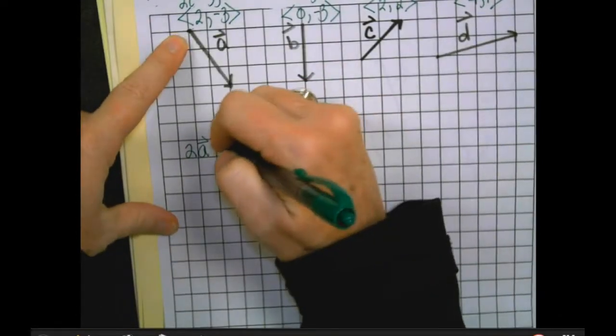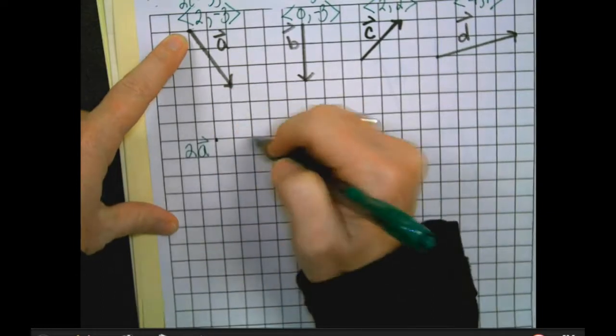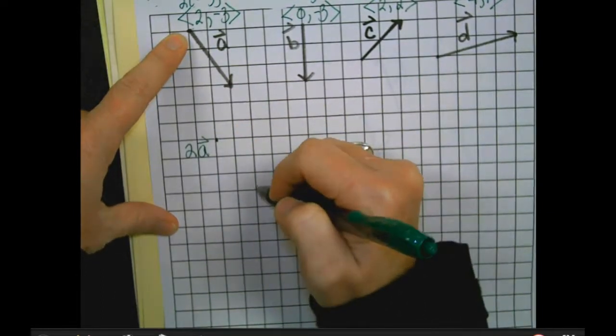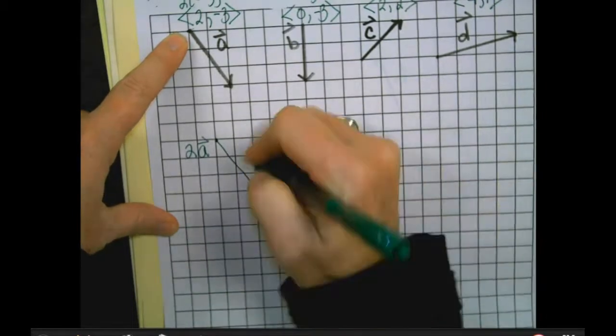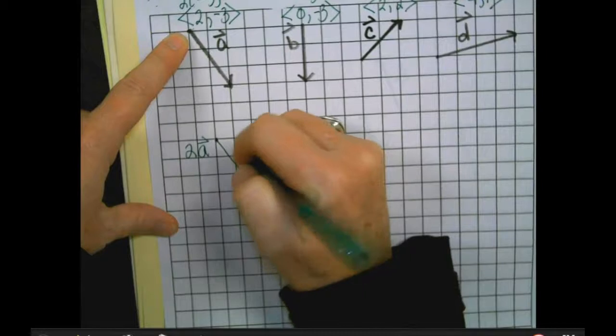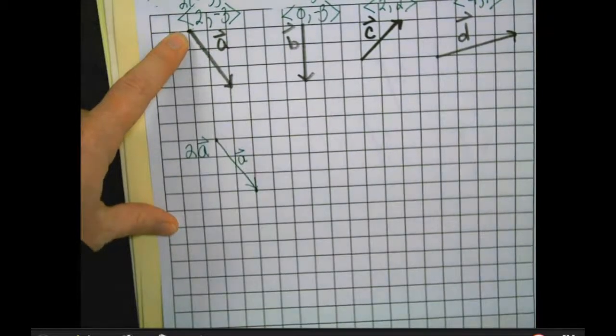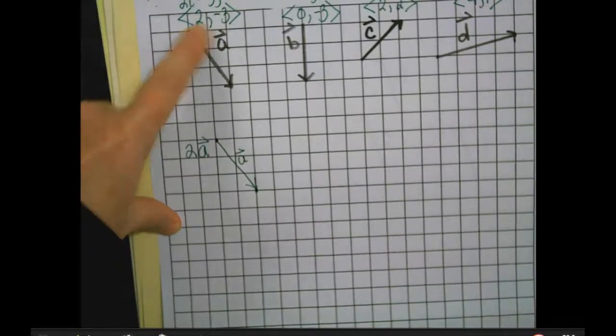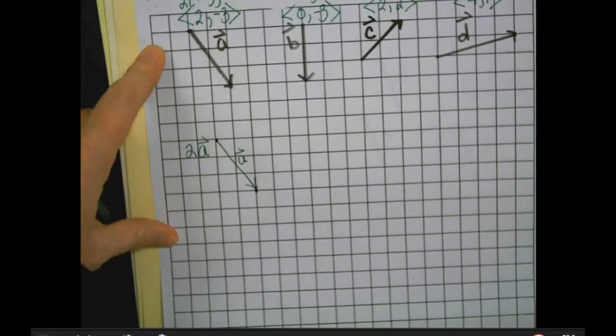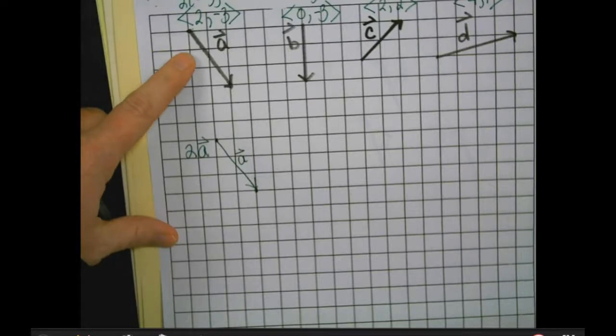If I start here, I'm going to go over 2 and down 3. So this is A, but I need 2 of these, right? Well, it's 2 and negative 3. It's the same one.